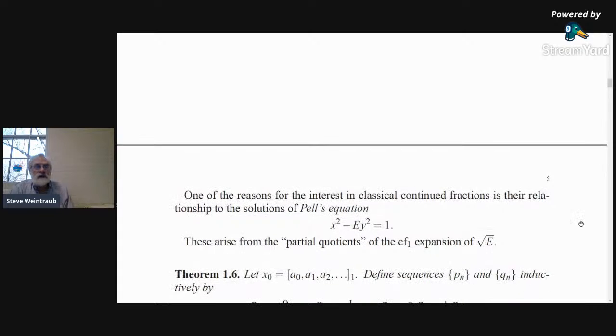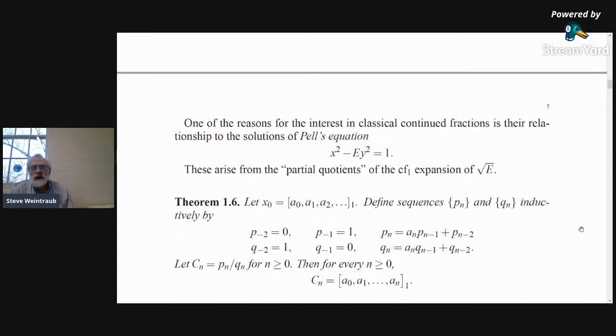First of all, let's again be a little more general. Let's take any positive real number and look at its continued fraction expansion. We can define 2 sequences of integers inductively as follows. We let p sub minus 2 equal 0, p sub minus 1 equal 1, and then we define p sub n inductively as a sub n times p sub n minus 1 plus p sub n minus 2, where we're taking the a's from the expansion of x sub 0.